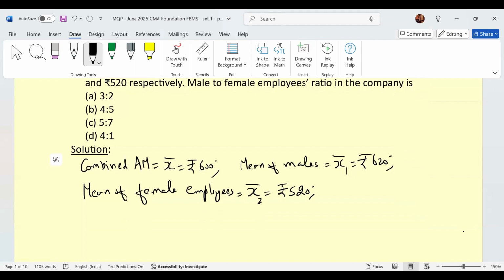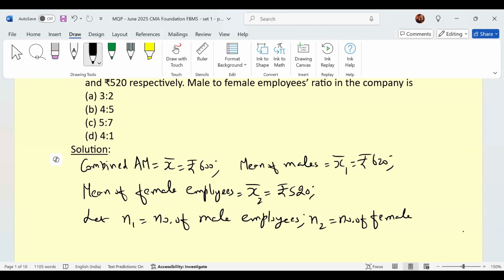We will consider that as N1 and N2. Let N1 is number of male employees and let N2 is number of female employees.